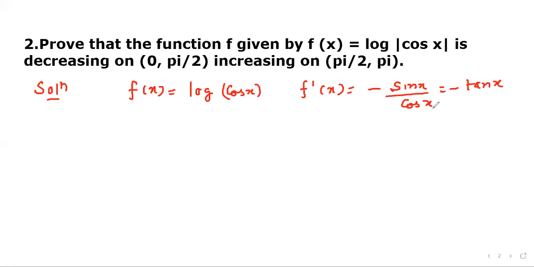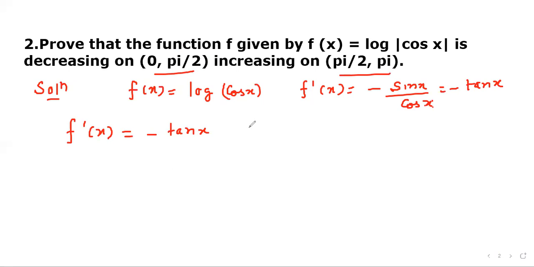Here function is cos x, which is in denominator, and then its derivative is becoming numerator. So this is how we get f dash x equal to minus tan x. Now we are given intervals where we have to check whether f dash x is greater than 0 or less than 0.